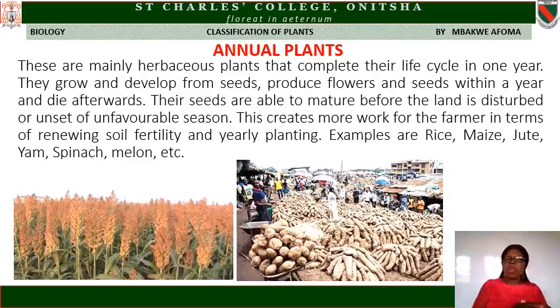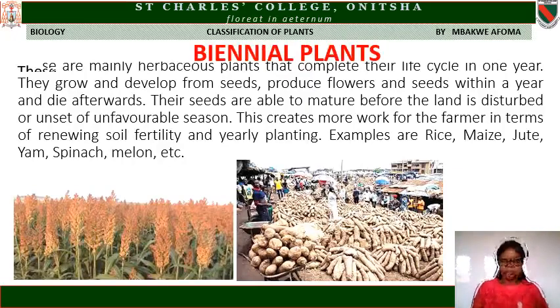That is, you grow them, they will grow, develop, mature, produce flower, produce seed, and their seed mature, and they die that same year before the onset of unfavorable weather. Is that clear? Everything is completed within 1 year, some of them within a few months, like the rice, the maize, spinach, 1 year crops.